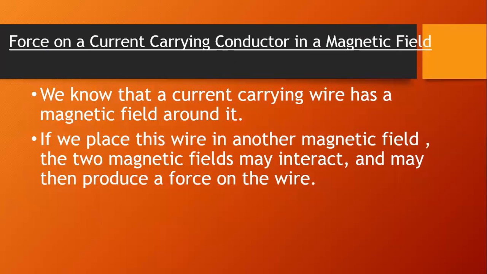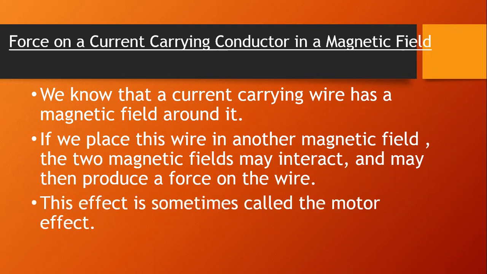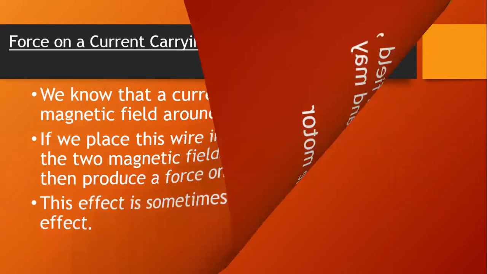That means if the wire which has current and has its own magnetic field is placed in another magnetic field in between the poles of a magnet, then both the fields interact with each other and may produce a force on the wire. This effect is sometimes called the motor effect.